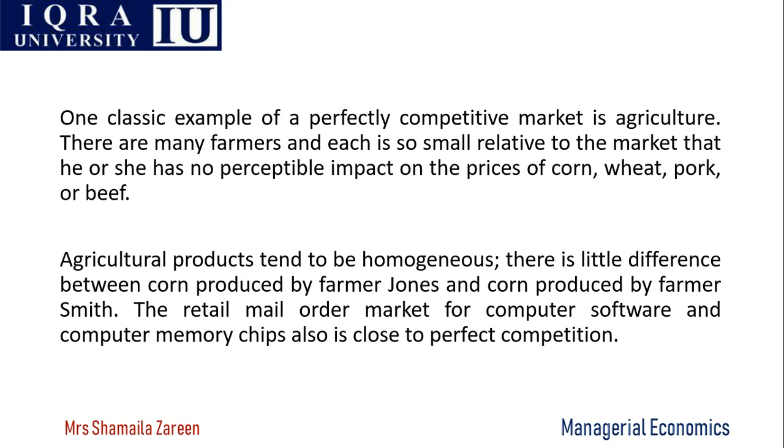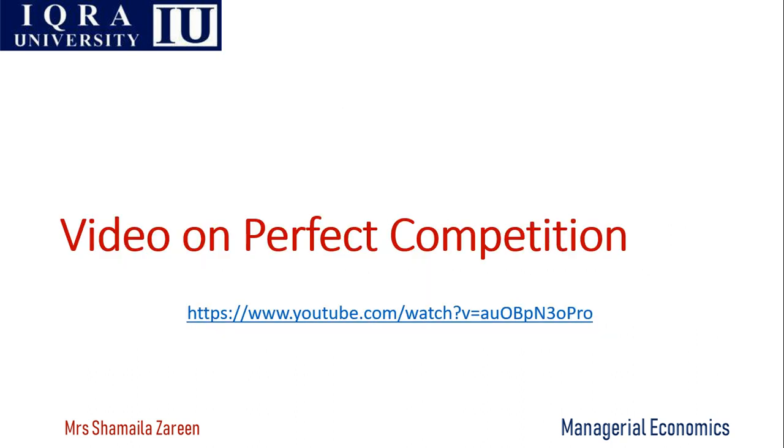It means if one producer lowers the price, all the consumers will shift to that seller. That's why in a perfectly competitive market the prices remain the same. Now you can go through this video for a further explanation of perfect competition.